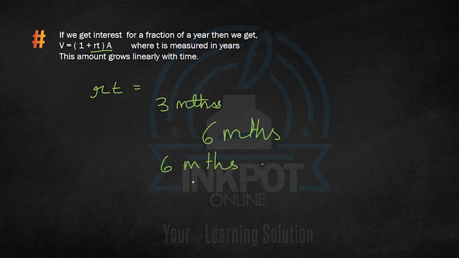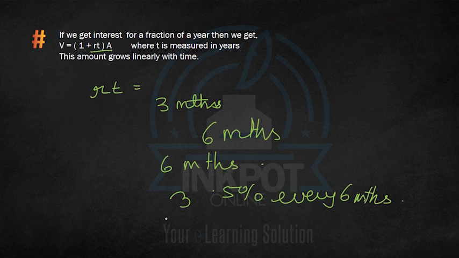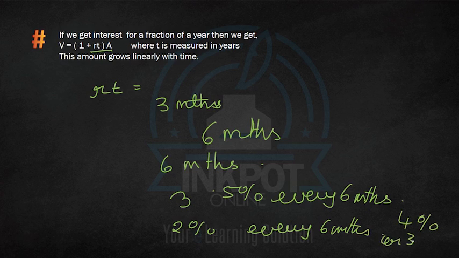So it doesn't mean that you get 3.5% every 6 months. It means that you get approximately close to 2% every 6 months. So your total comes to close to 4%, or 3.5%, at the end of the year. That is what it means. So RT basically means that fraction.